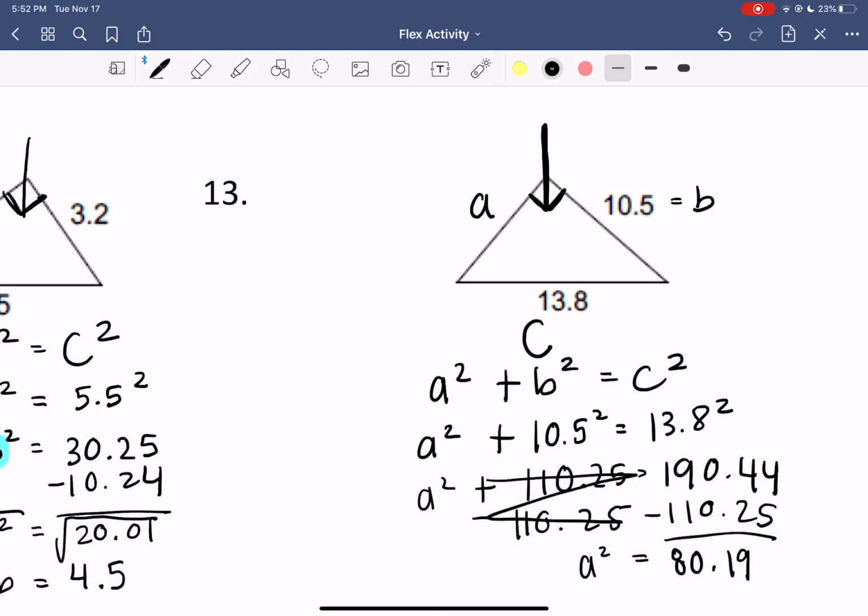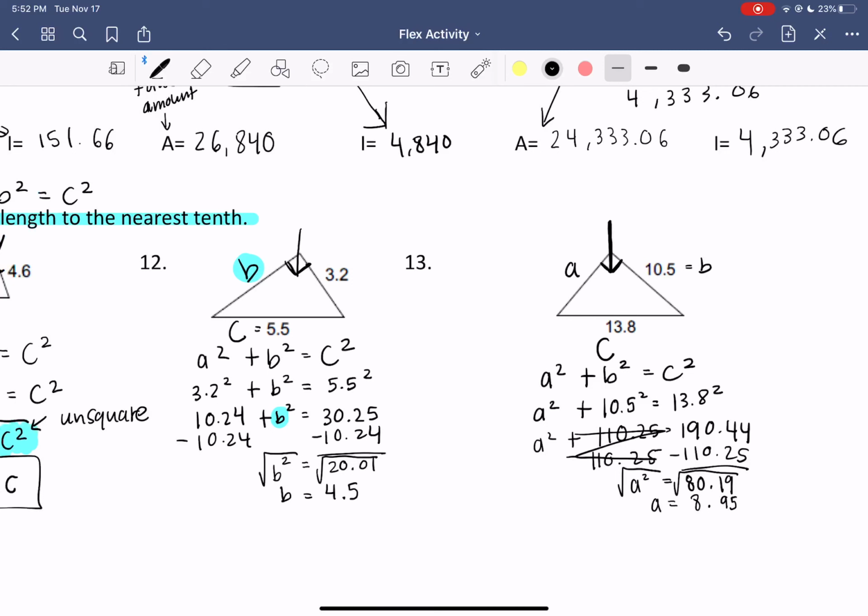So we need to unsquare this by taking the square root of 80.19, and we get a equals 8.95, but we're supposed to round to the nearest tenth. So since 8.95, this 9 would round up, so we're going to have to round this to 9.0. So that is your answer there.